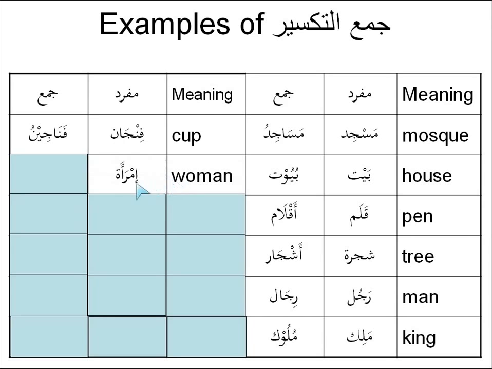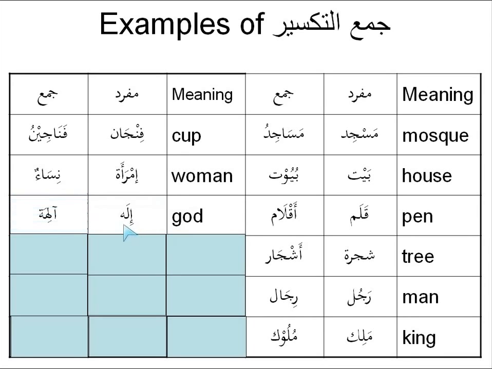Woman, imra'ah. Sometimes the plural of a word is completely different from the singular. So here is an example, nisa'un. There's no such word called imra'at. God with a little g, ilahun or alihatun.